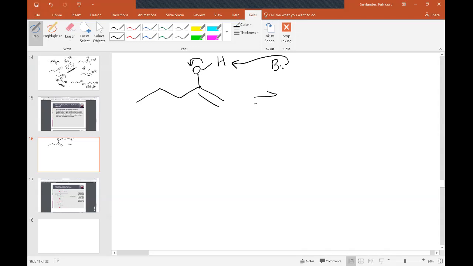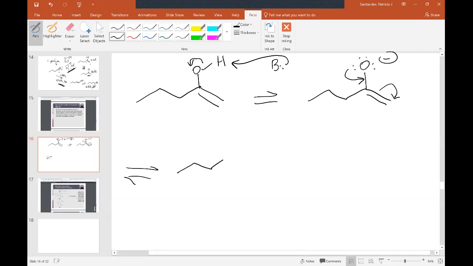You form an enolate, still have a double bond there. And then now you can bring the pair of electrons down. Then you can localize the pair of electrons there.